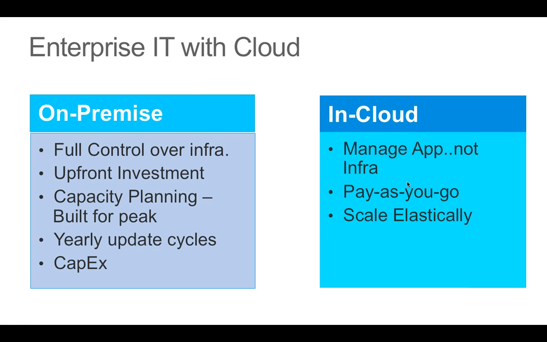You're scaling elastically. You're not building for the peak, you're building to get yourself started and scale elastically as your demands grow or as specific seasonal fluctuations or needs arise. You only address it at that point in time and only pay for what you used during that period. That provides an enormous opportunity in terms of how you manage your expenditure efficiently.